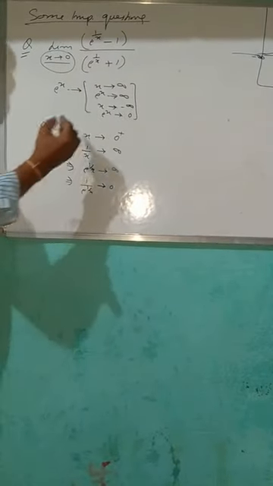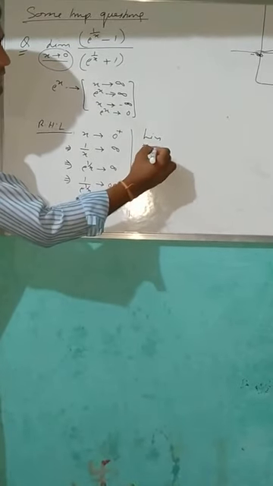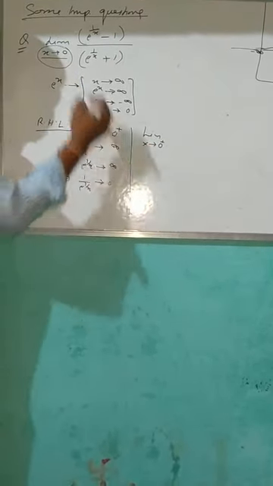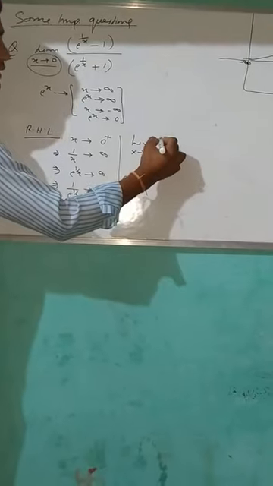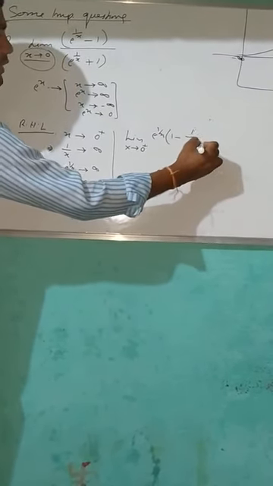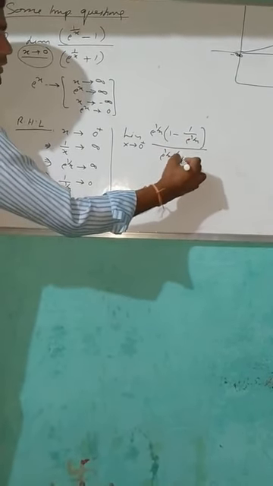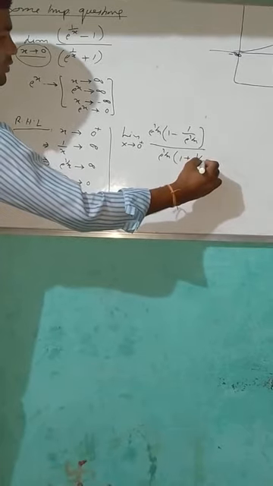So we can convert this question, limit x tends to 0 positive. We can take common from the numerator e to the power 1 upon x times (1 minus 1 upon e to the power 1 upon x), and in the denominator e to the power 1 upon x times (1 plus 1 upon e to the power 1 upon x).